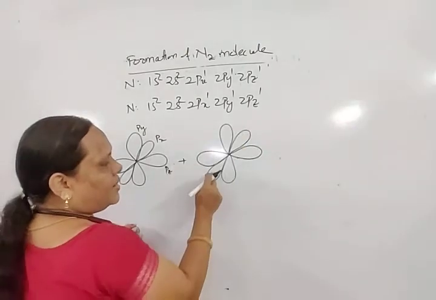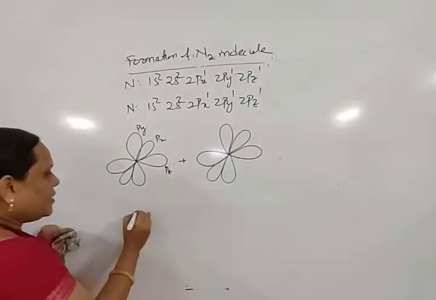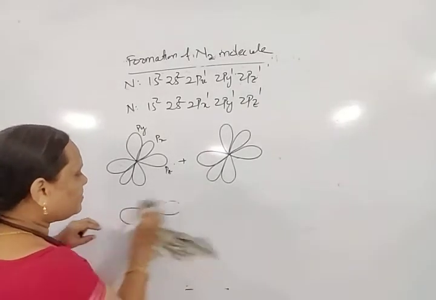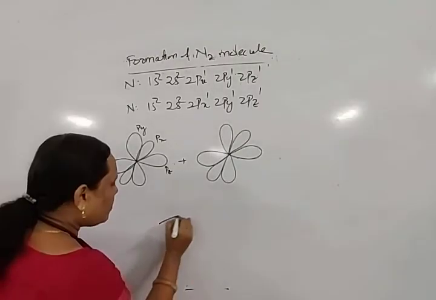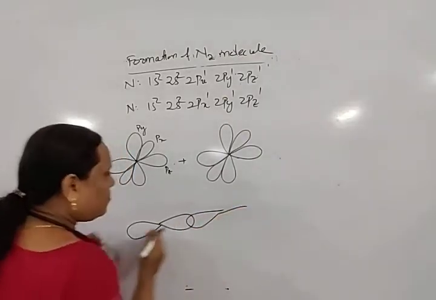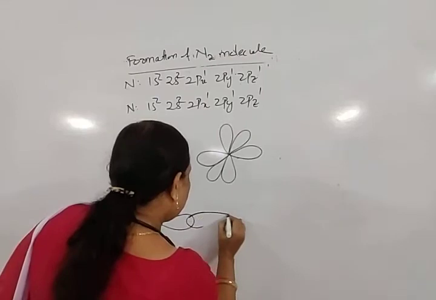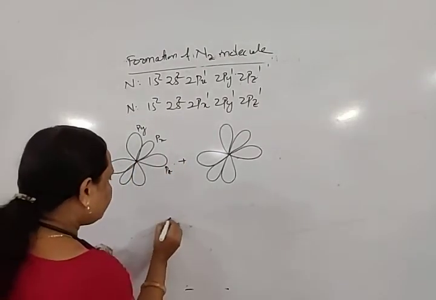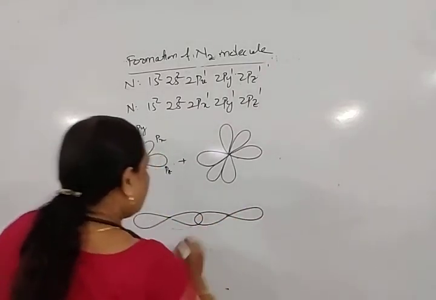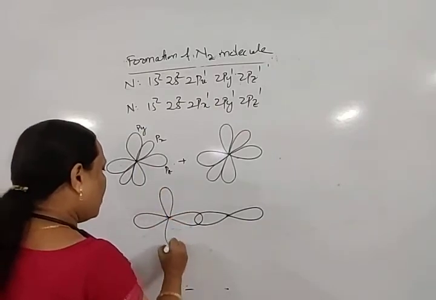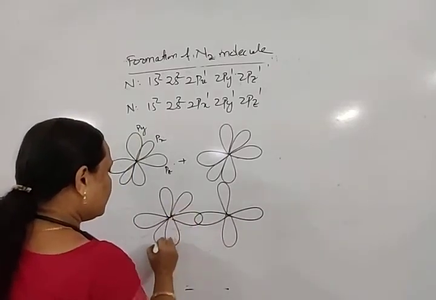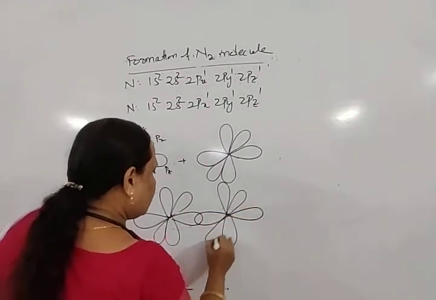It remains above and it remains below the plane. Okay, so in this way overlapping takes place. The pz overlaps with the pz of another, and this is the py and this is py and pz and this is px.